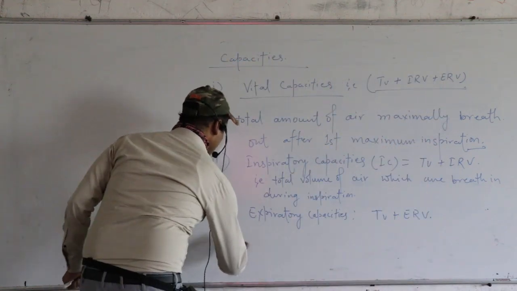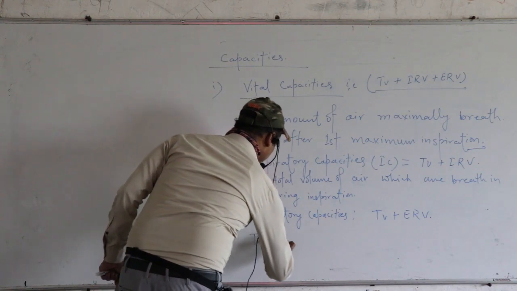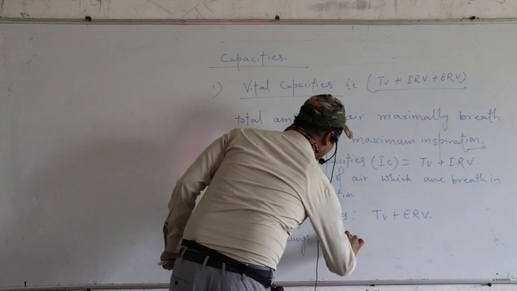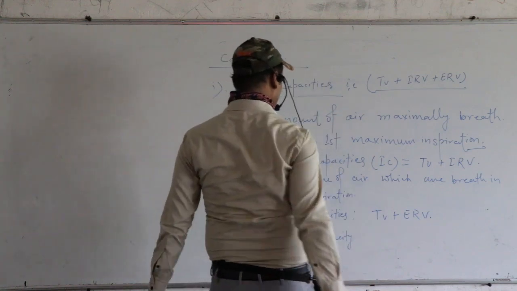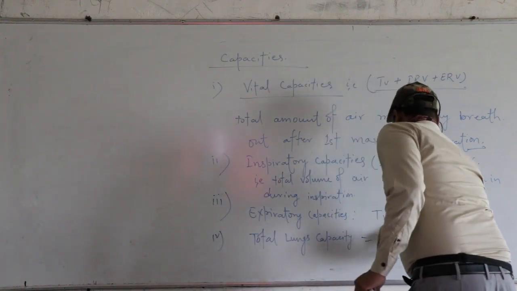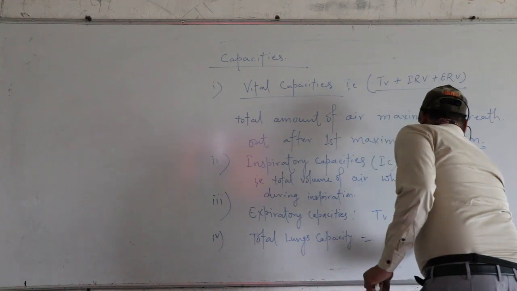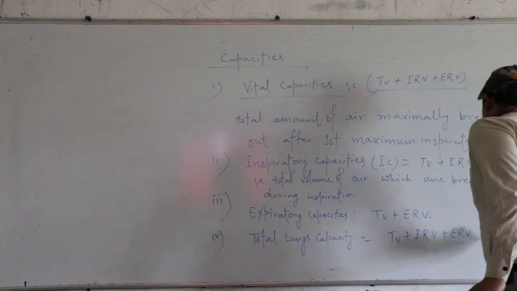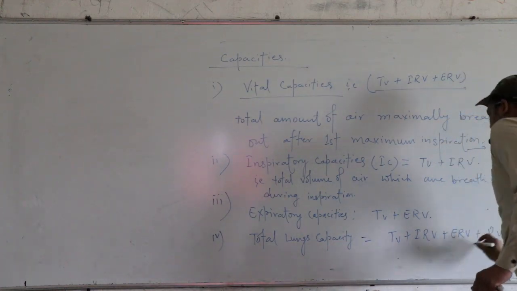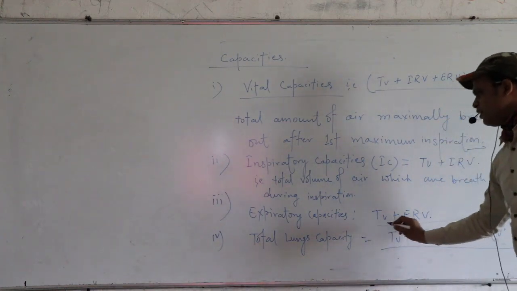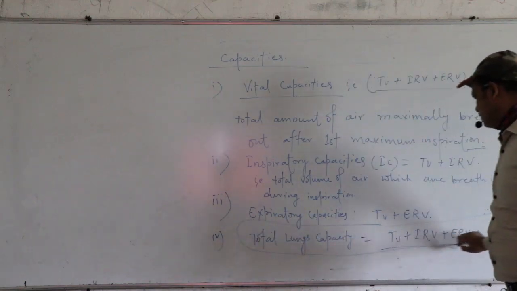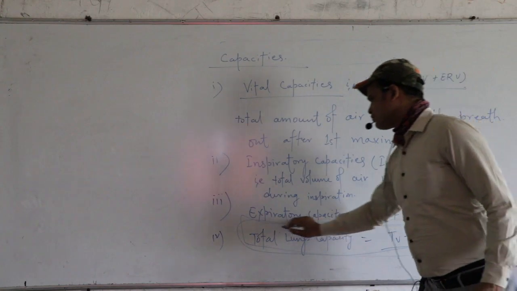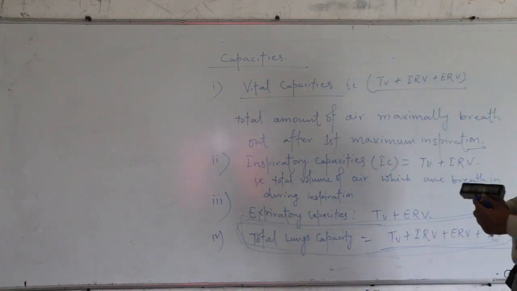Fourth one, total lung capacity, equal to TV plus IRV plus ERV plus RV. So that is the total amount of air during forceful expiration and forceful inspiration.